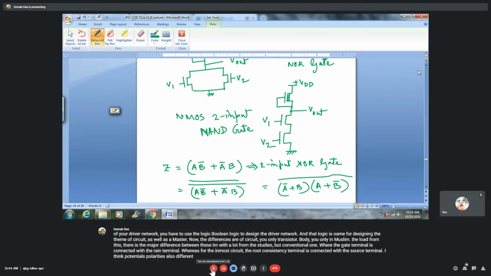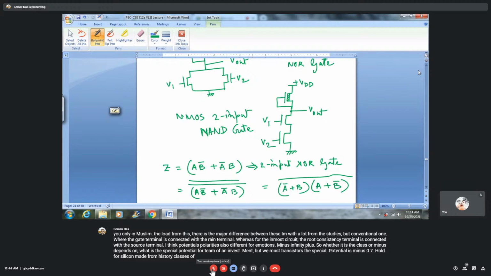For PMOS transistor, it is minus VDD. For NMOS transistor, it is plus VDD. So whether it will be plus or minus depends on the threshold potential for PMOS and NMOS transistor. For PMOS transistors, the threshold potential is minus 0.7 volt for silicon made transistor. For NMOS transistor, it is plus 0.7 volt for silicon made transistor.